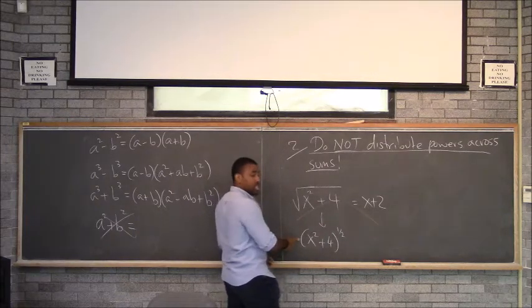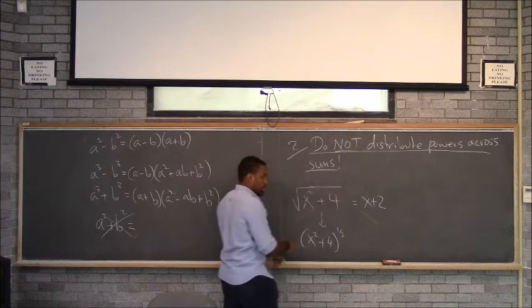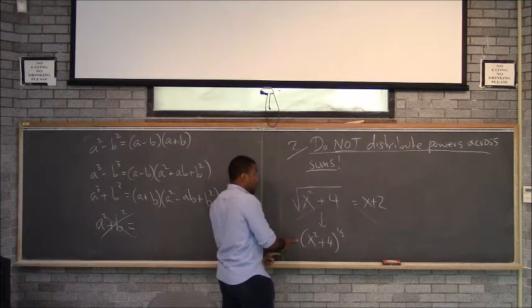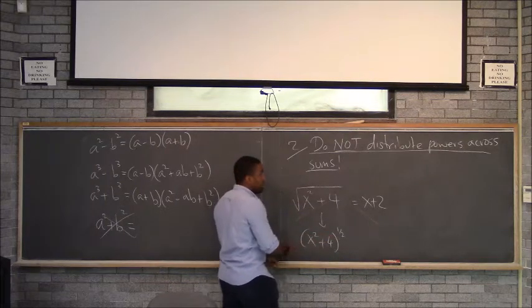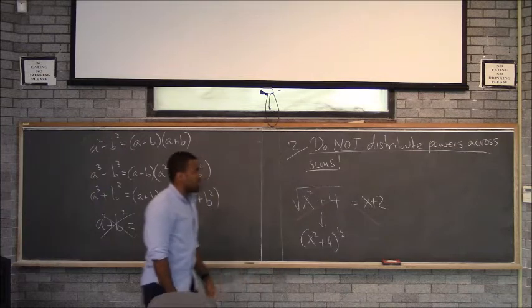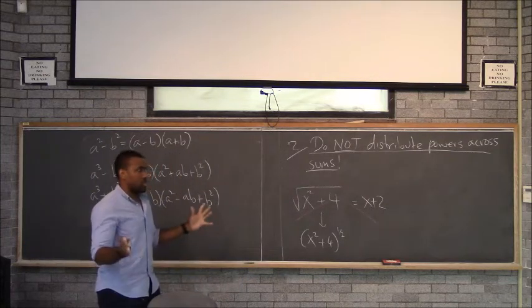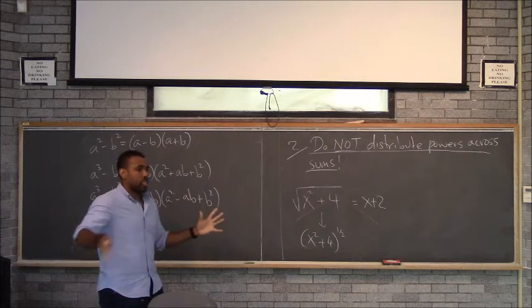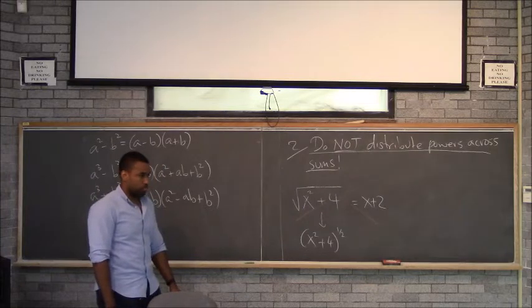To actually expand this as a sum of terms, you need an infinite amount of terms. So you're missing a lot if you just put x plus 2. To see how that would actually expand, we're not going to do that in this class. That's Calc 2. You'll actually learn how to expand the radical. You'll get an infinite number of terms. So that's also very common. People see radicals over a sum and they try to attach the radical to everything else. It's very wrong, very illegal. Don't do it.